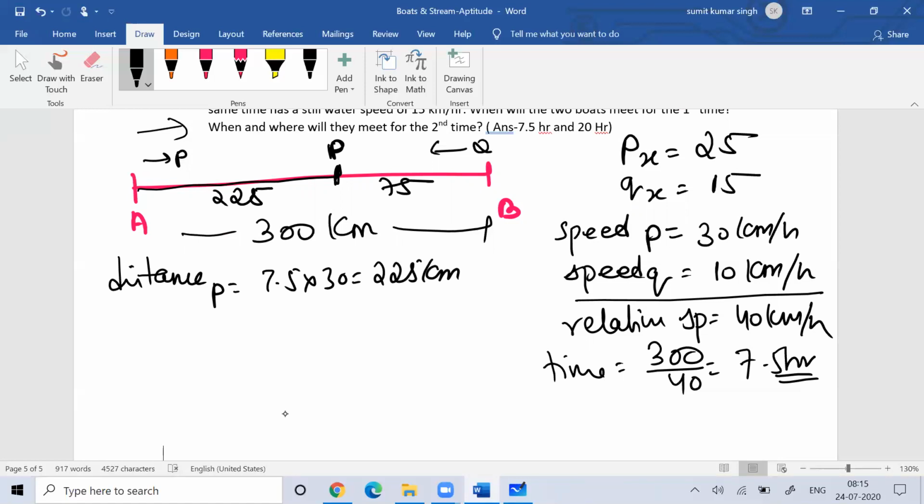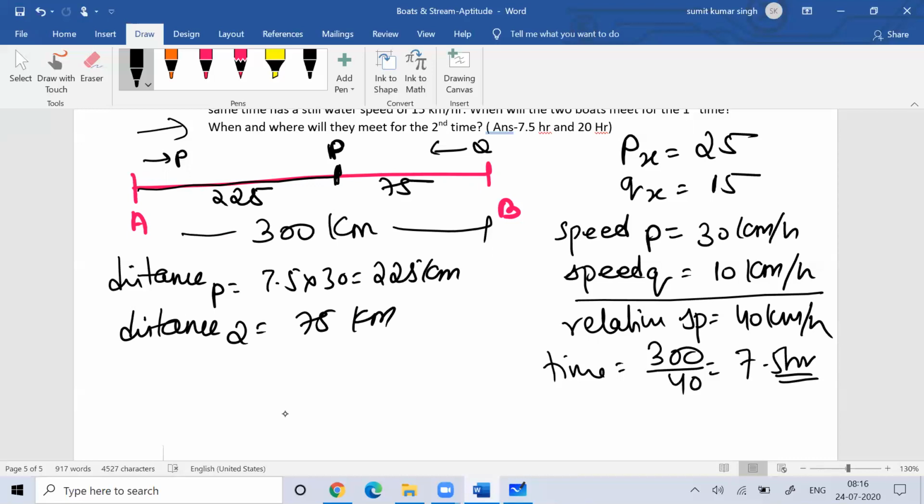So when they met, boat P had covered 225 kilometers and boat Q had covered 75 kilometers. I hope you understood this.